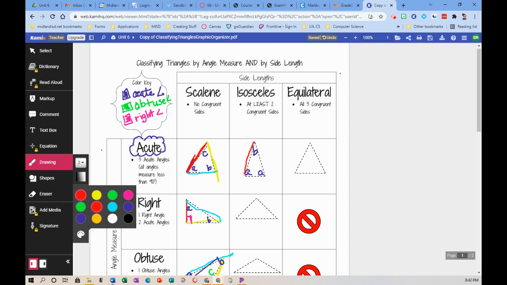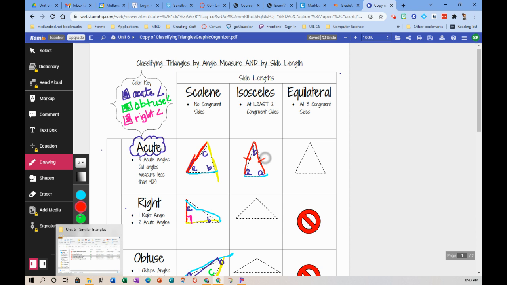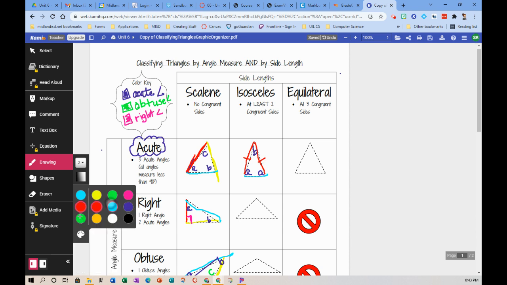There's one side the same as this side. Then we're going to have one that's different. Do turquoise. There we go. The orange sides are congruent, as are the angles. This angle is congruent to this angle. That's why I use the same letters.